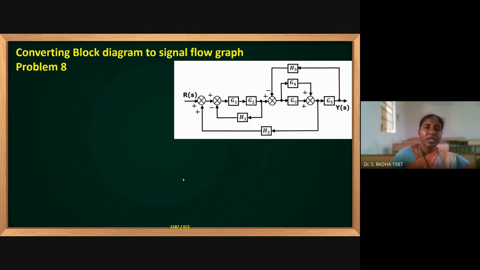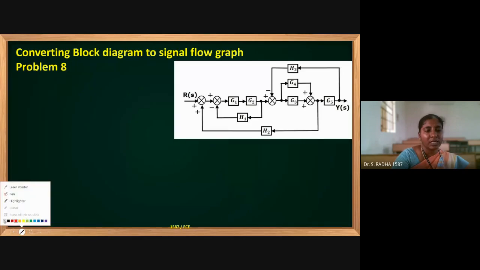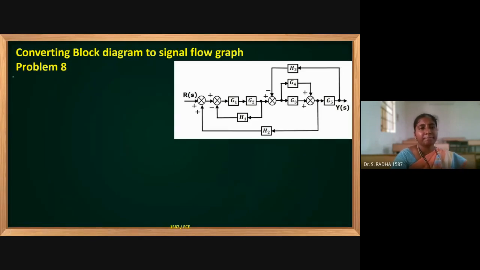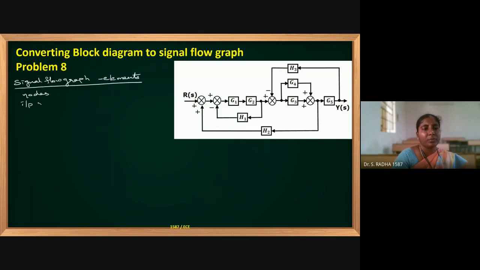So we have a set of rules here for how to convert a block diagram to a signal flow graph. The elements of a signal flow graph are: it will have nodes, an input variable, an output variable, and paths.